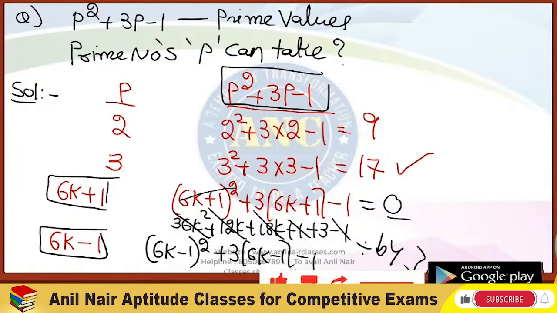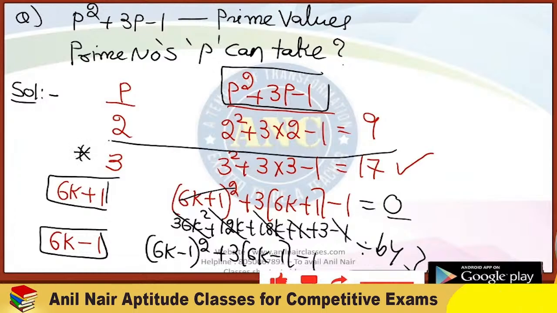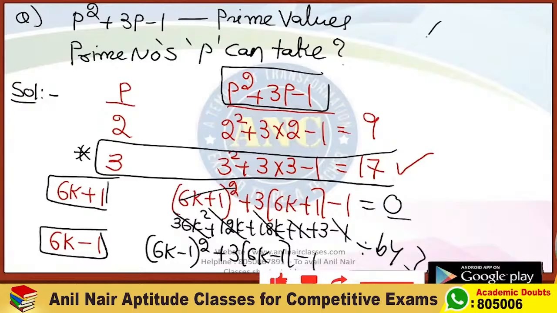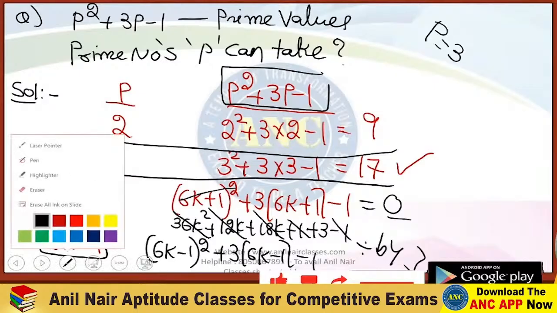If it is divisible by 3, it cannot be a prime number. So how many prime values can p take? P can take only one prime value, p equal to 3, and the expression value is 17. Idea clear? Every prime number greater than 3 is of the form 6k plus or minus 1.